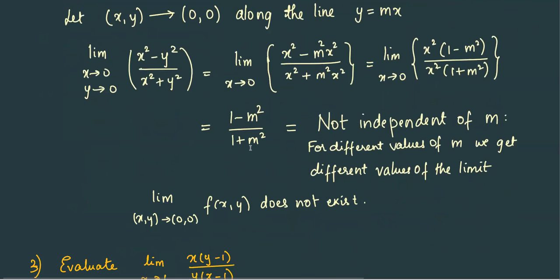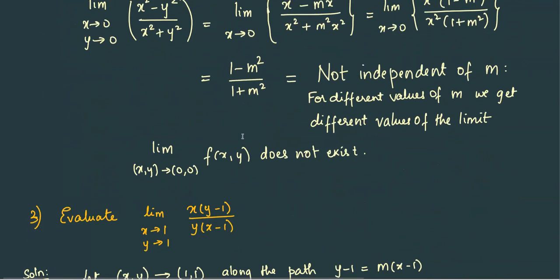We have a definite limit value. Otherwise, we don't have a unique limit value. So limit is not defined if the limit comes in terms of m.